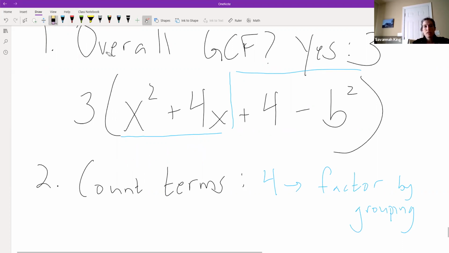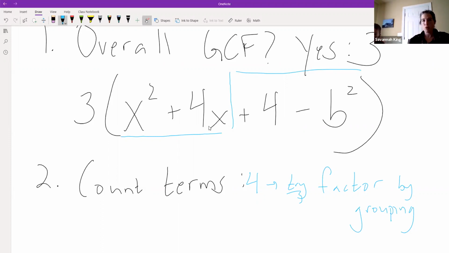So let me erase this and add something that I added back at the beginning of today's discussion. Remember, it's always an attempt, but it's never a guaranteed result. You can try to factor by grouping. You can try to pull things out. Are you okay with that? Okay, good. You can try to rearrange these.